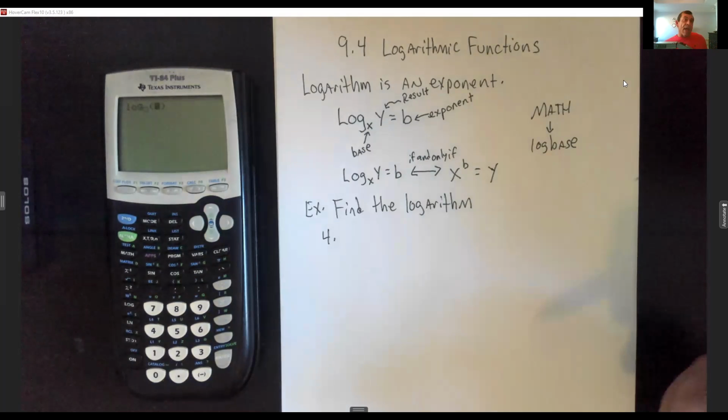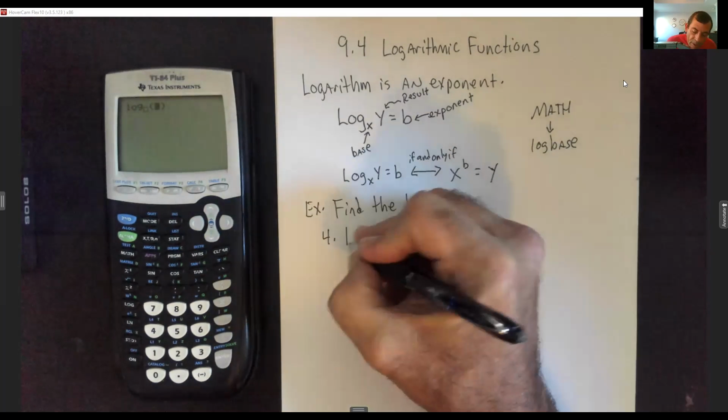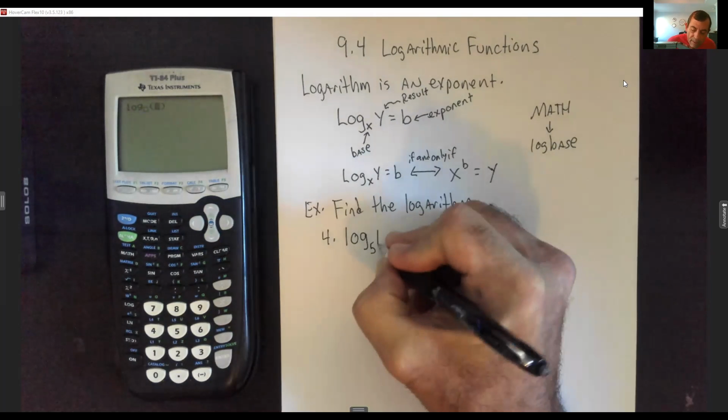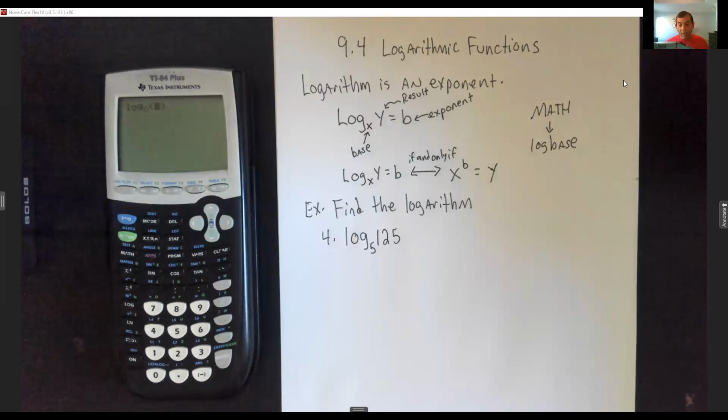And then I'll go back in a little bit and graph the first 3, which were graphs. So this one wants me to find log base 5 of 125.